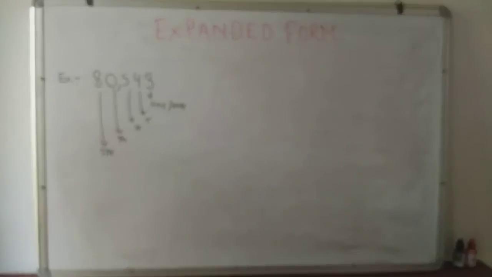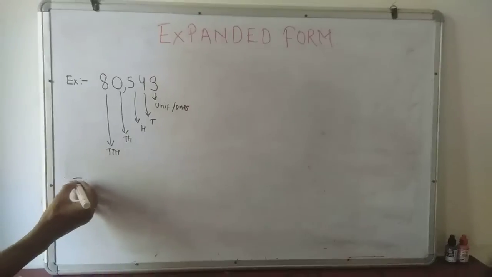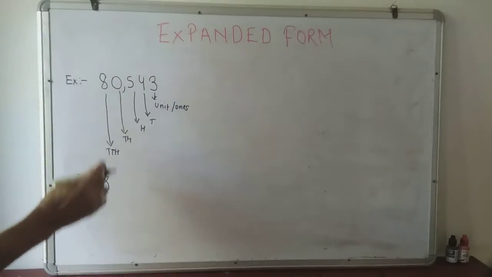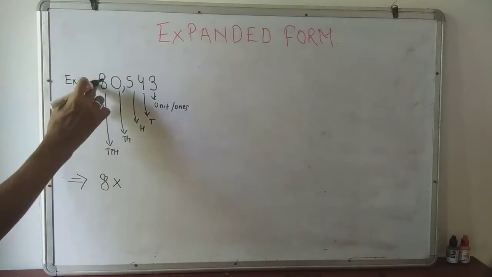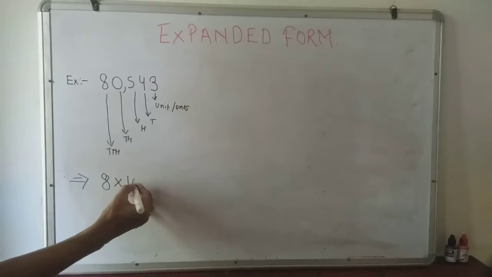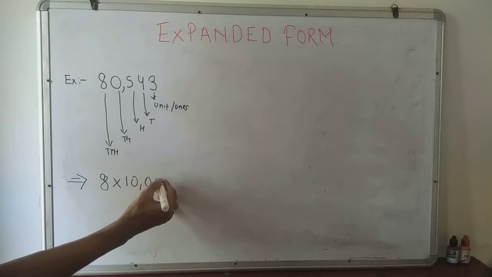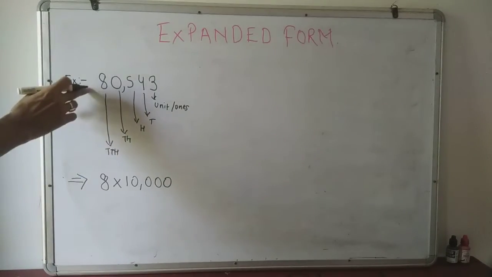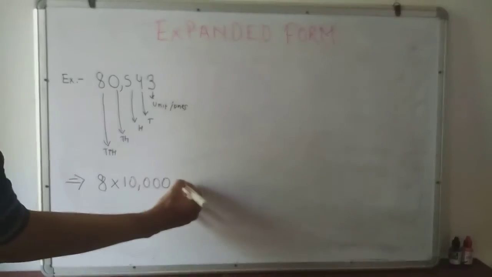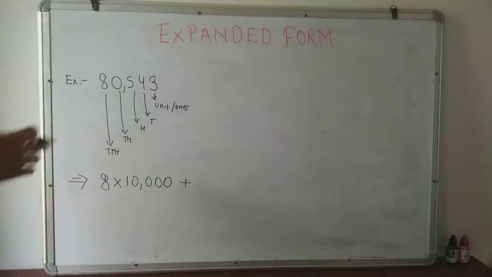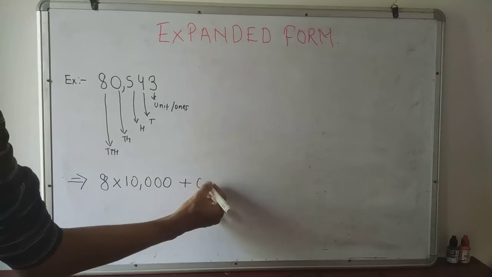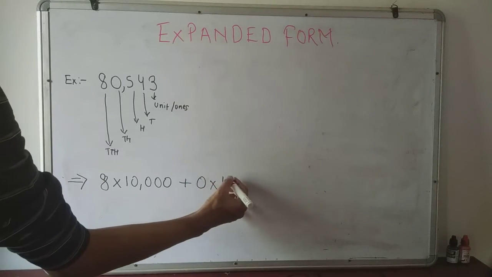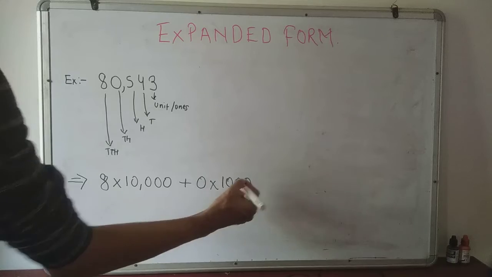So we first write the digit itself, that is 8, and its place value, that is 10,000. After writing this digit, we place a plus symbol and then write the next digit, that is 0, and its place value is 1000. Then we have to multiply it with 1000.